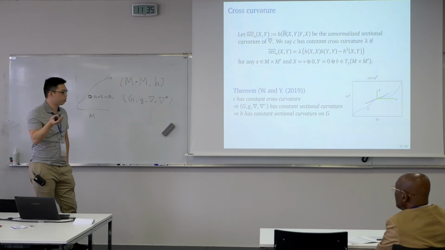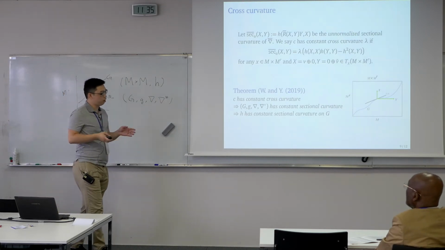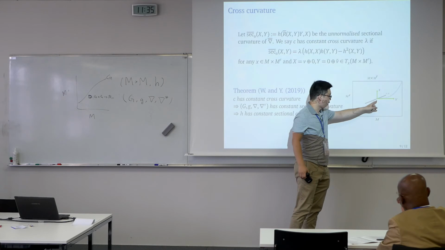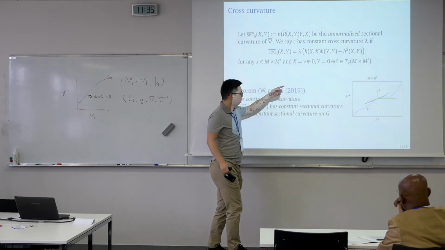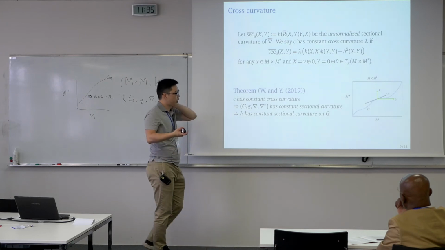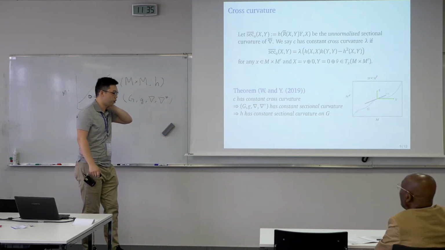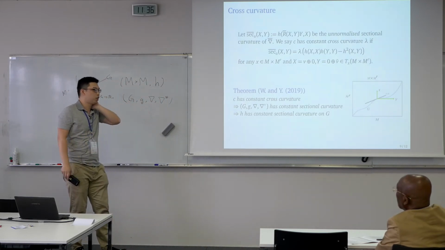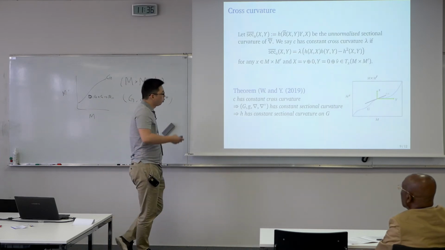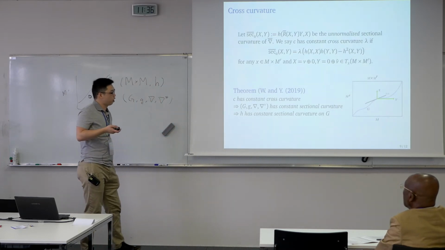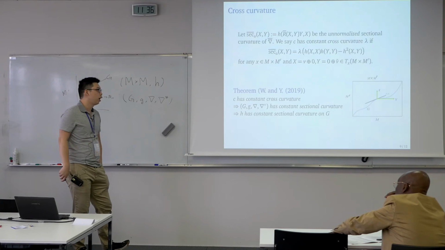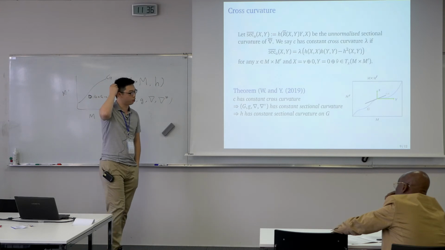Here we consider a special type of sectional curvature where one tangent vector is in the vertical direction and one is in the horizontal direction, in this form in the product space, where x vanishes at the m prime coordinates and y vanishes at the m coordinates. If these two tangent vectors are given in this form, then we call the corresponding sectional curvature the cross curvature. And we say the cost function has constant cross curvature if the identity holds. This is the usual definition.